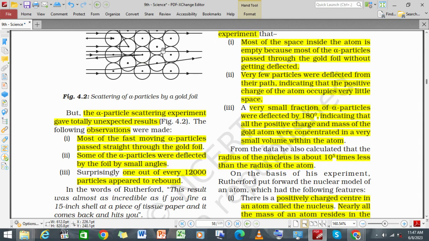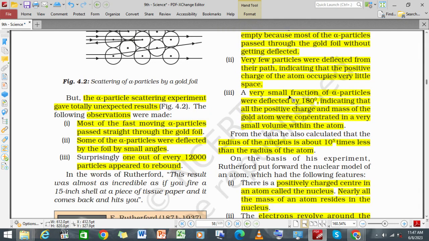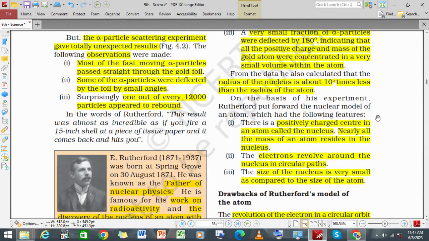Hence, very small deflection can be seen, and a very small fraction of alpha particles were deflected by 180 degrees, indicating that all the positive charge and the mass of the atom is concentrated in a very small volume inside the atom.